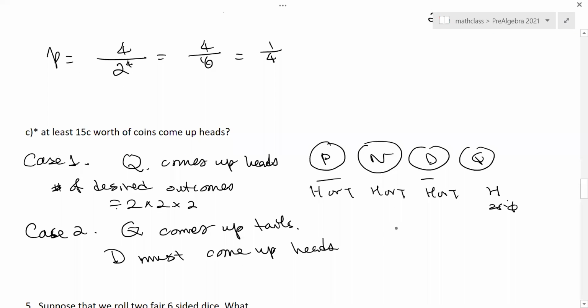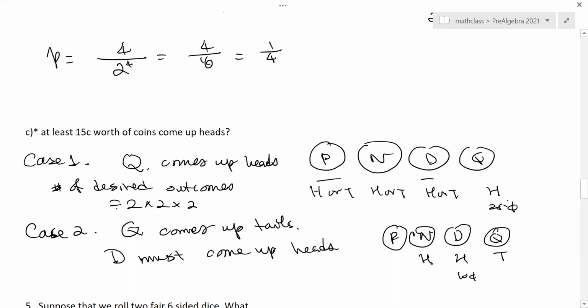So let me draw the picture. P and N, D and Q. This is a tail. This must be heads. So 10 cents. Now, in order to get the 15 cents, the nickel must show up, right? Otherwise, you never get the 15 cents. So this also must be heads.